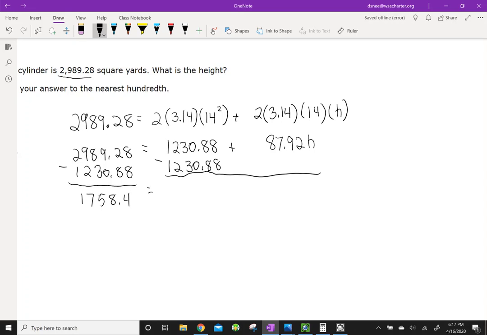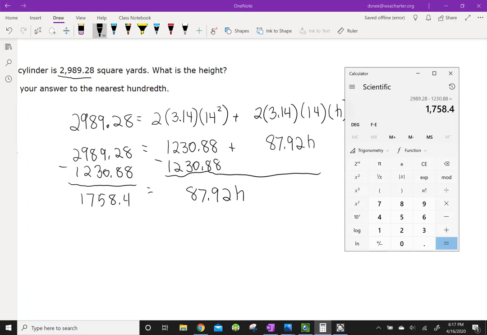1758.4. And that should equal 87.92h. Okay, so now I need to divide by 87.92.